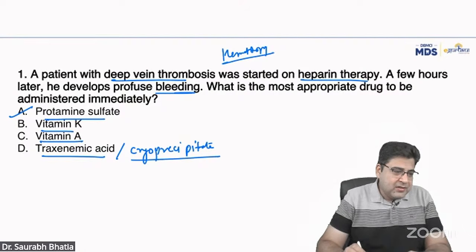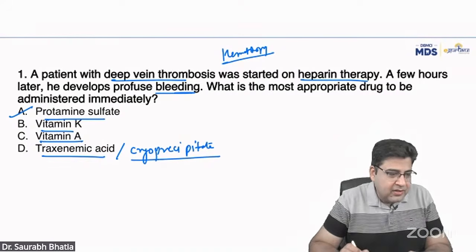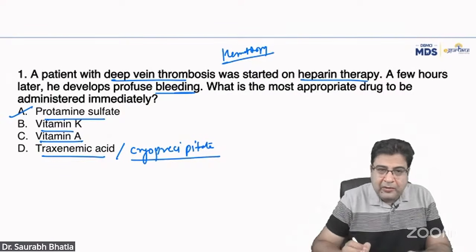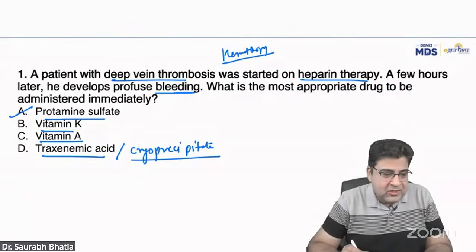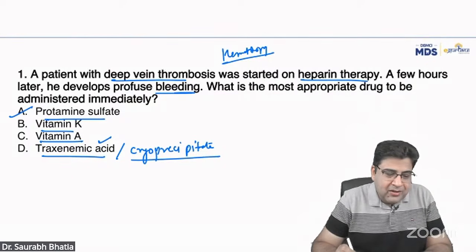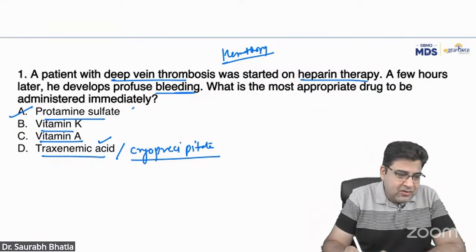Guys, was protamine sulfate there or not? Yes, we'll go fast, Dr. Sandalwood, don't worry. But here you have to help me out in finding the proper options which were there. Tranexamic acid was there. Was cryoprecipitate there or not there? Okay, protamine sulfate was not there.